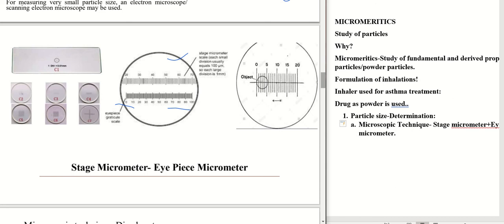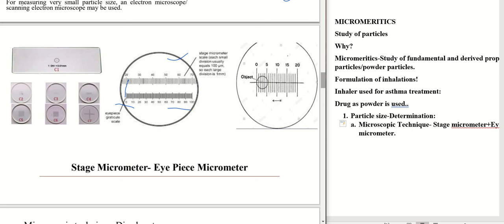So we need to adjust the stage micrometer by moving the knob of the stage of this microscope so that the graduations overlap like this. So it should coincide like this. Thus the calibration of the eyepiece and the stage micrometer is carried out.